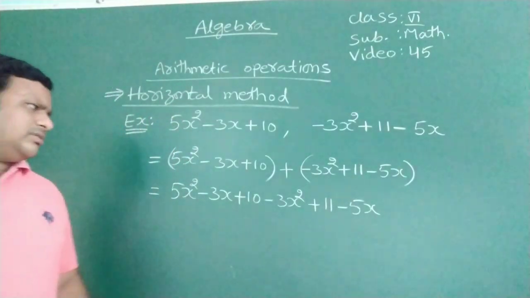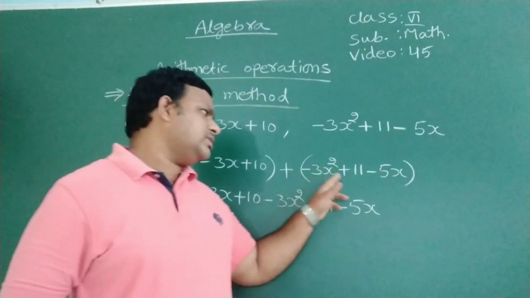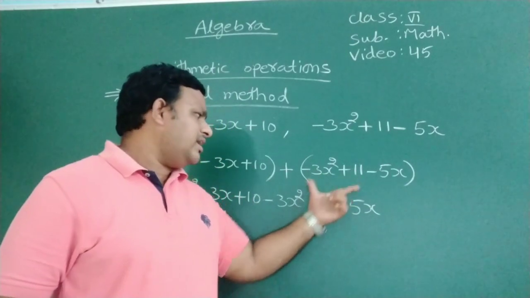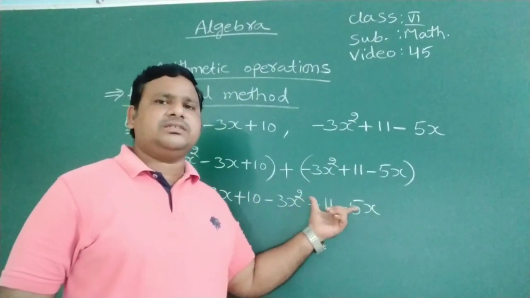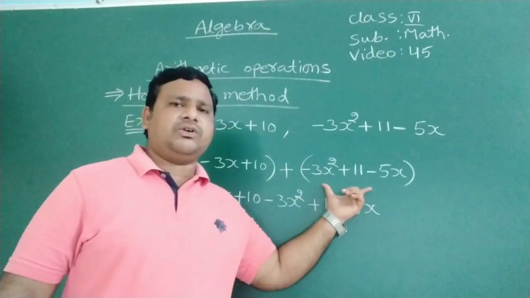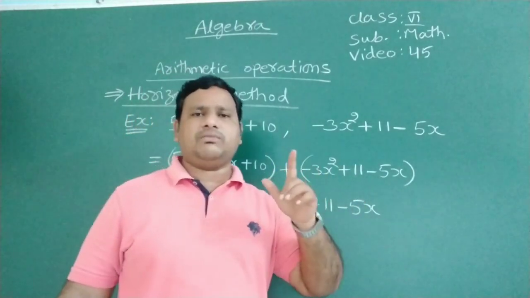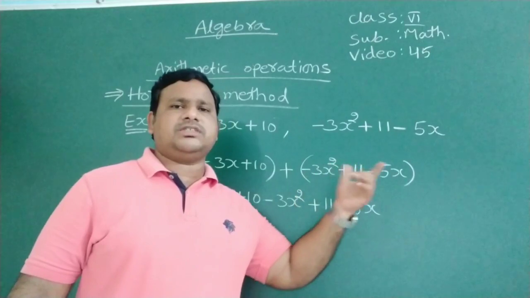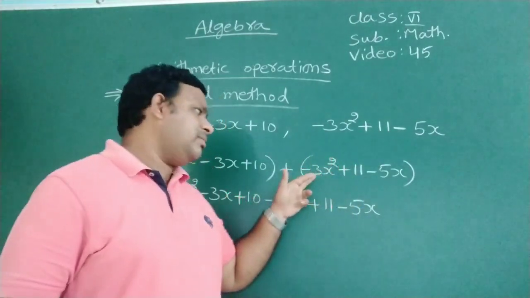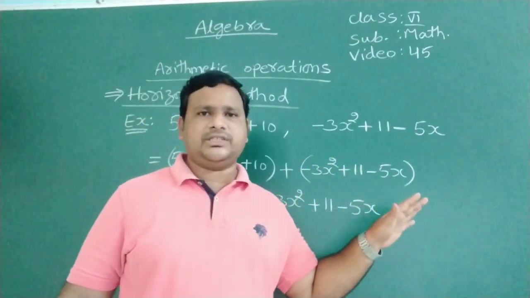There is no change in the symbols of the second expression, since in front of it we have only a plus symbol. If minus comes, the symbols will change. Here we got plus, so there is no change.